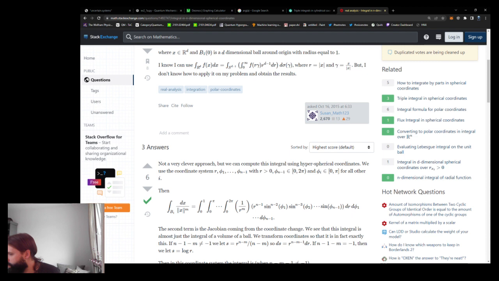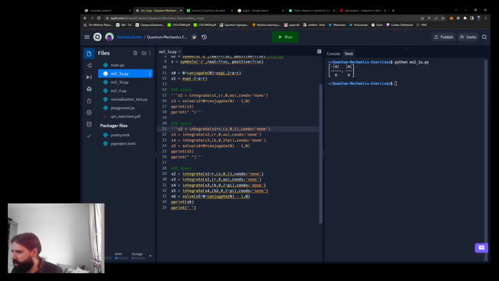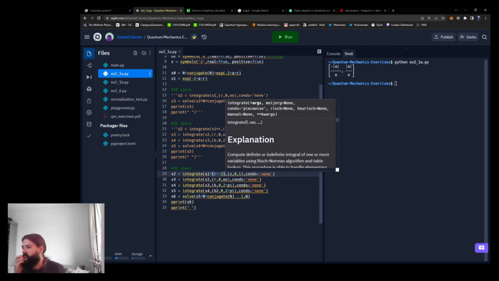So I need to add these angles, and it's like sinus, right? So it's r to the n minus 1 times sinus. So the integral, here it's in theory r to the n minus 1, which is r to the, I guess it's this, because n is 3. No, is it?